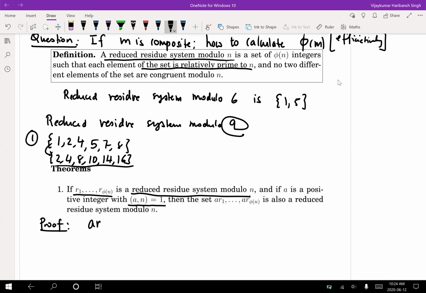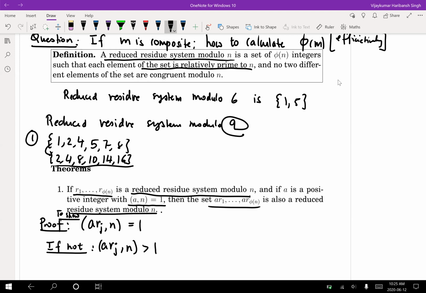We want to show that these are also a reduced residue system modulo n. To show this, suppose not. Then the gcd of ARj and n is greater than 1. We have a theorem saying that any number bigger than 1 has a prime divisor.